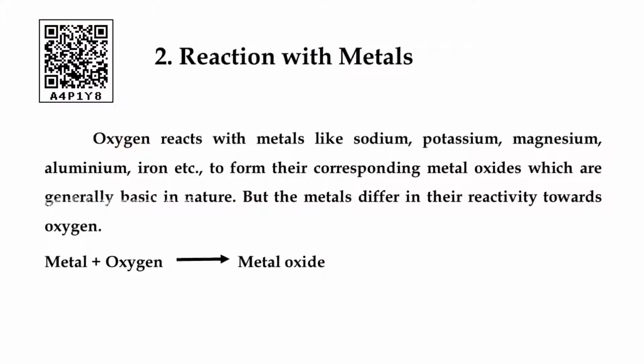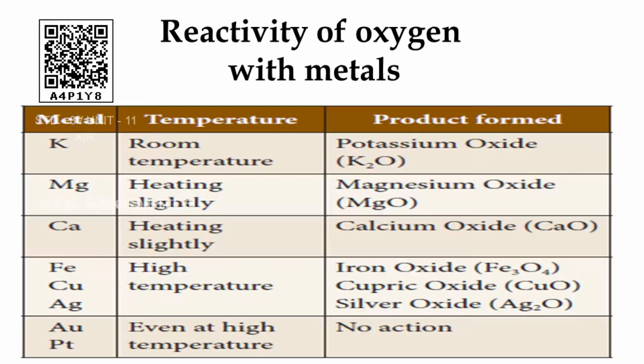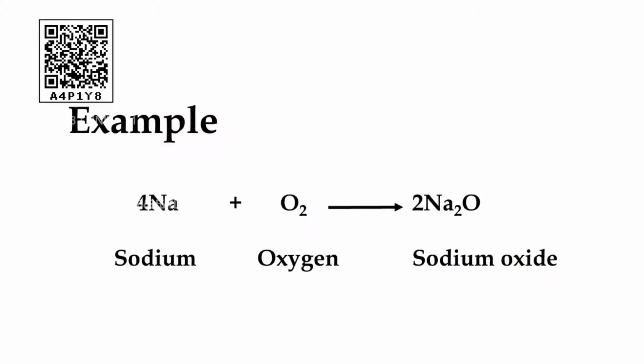The next important chemical property of oxygen is its reaction with metals. When metals react with oxygen, they simply produce their relevant metallic oxide. Metallic oxides are generally basic in nature because metals share electrons and oxygen absorbs the electrons. Whichever material absorbs the electrons behaves basic in nature.